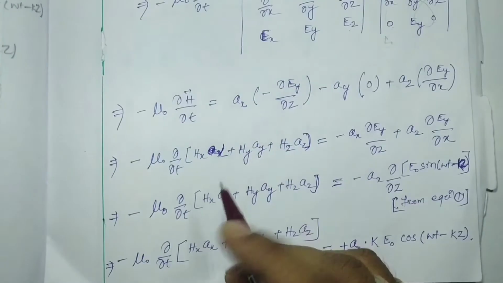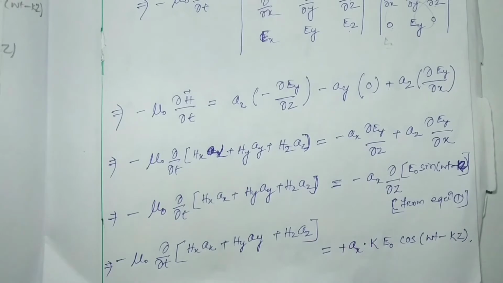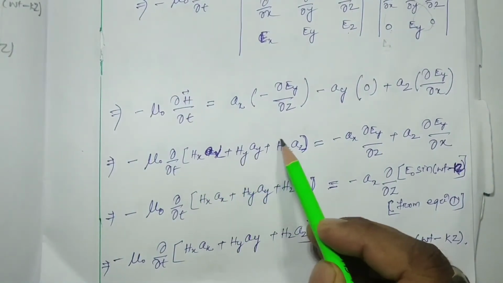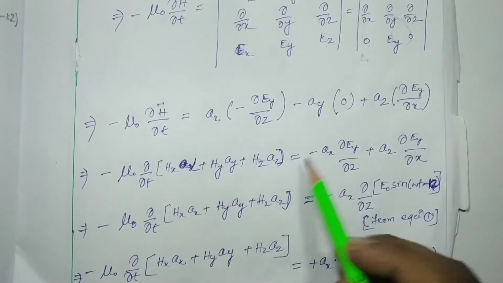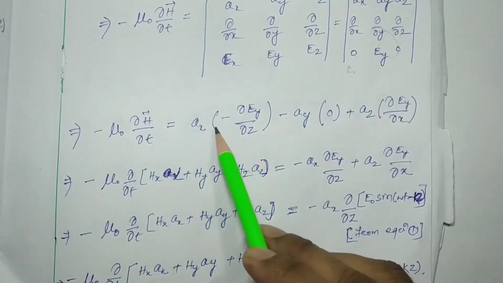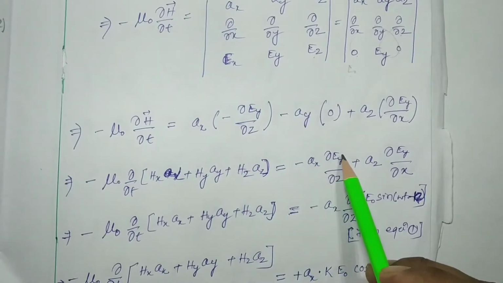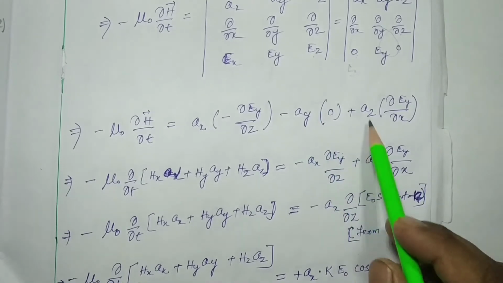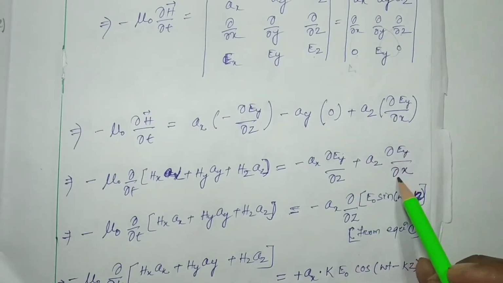So the H vector will be represented as ax Hx like this. Here Hx is the magnitude along x-axis, along y-axis, along z-axis respectively, is equal to: the first term will be minus ax del Ey by del z, and this will be 0, and this will be plus az del Ey by del x.